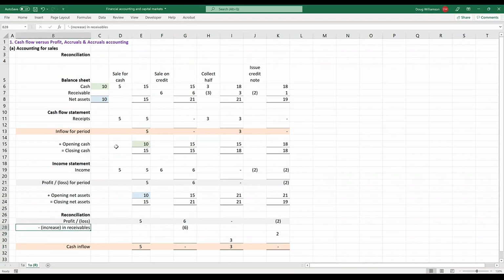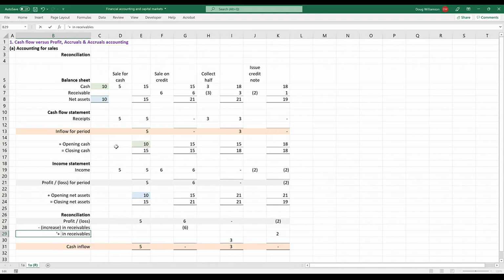What if things are the other way round? So if there's a decrease in receivables, so minus increase in receivables or plus, shall we call it a reduction?